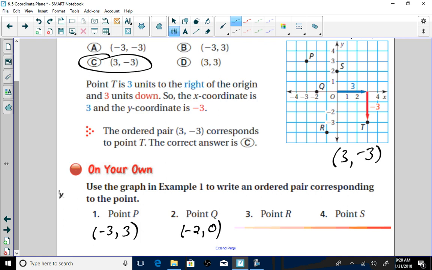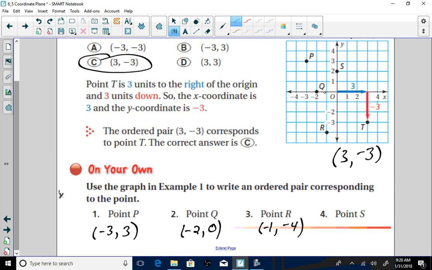Let's locate point R. To get to point R down here, I have to go 1 to the left in the x direction. So that's -1 in the x direction. Then I have to go down 1, 2, 3, 4. That is -4 in the y direction. So -1 comma -4 would be the location of point R. Finally, point S. Point S is located up here.